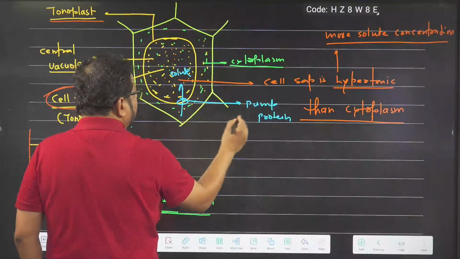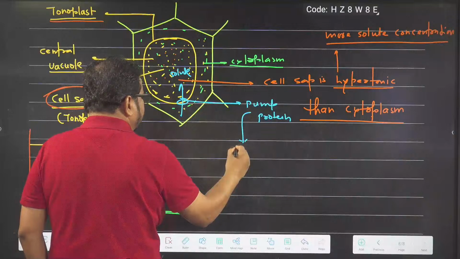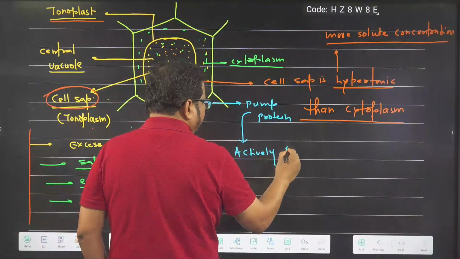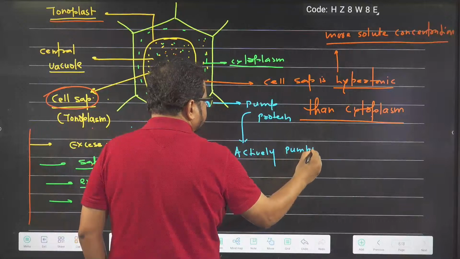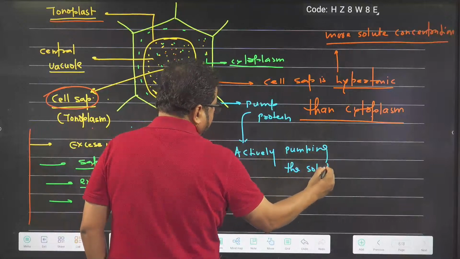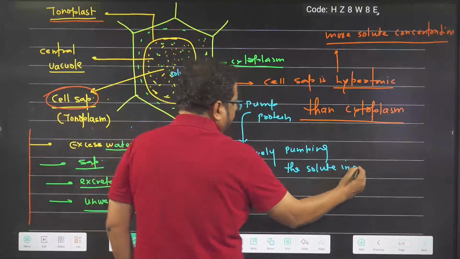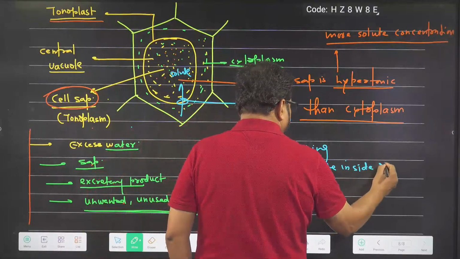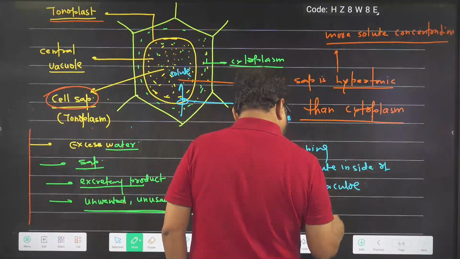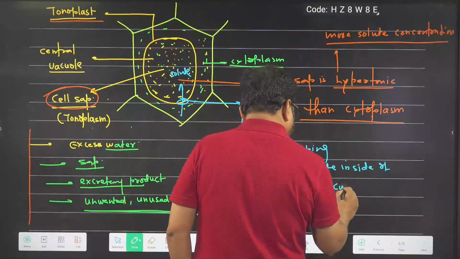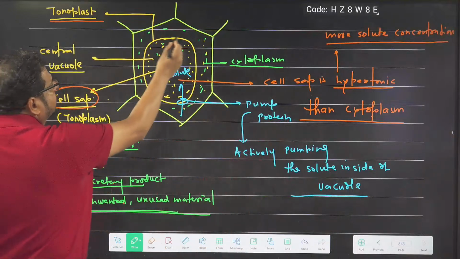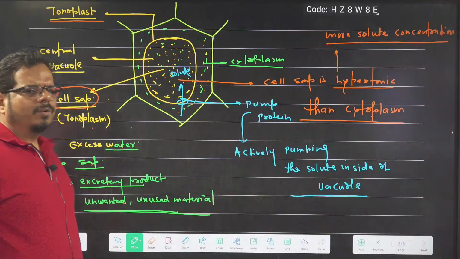Actively means by expenditure of ATP, pumping the solute inside of the vacuole, and due to that reason it has higher concentration. Did you get the idea? So this is about the large central vacuole. What is the job a vacuole is doing?